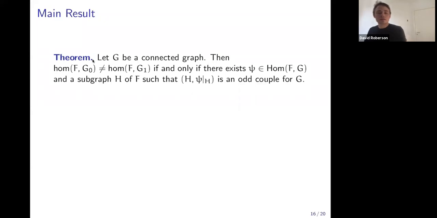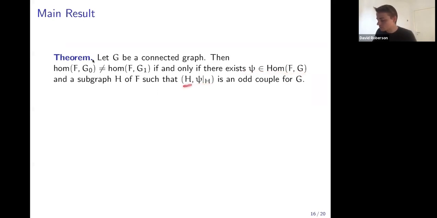So then the theorem that you get by analyzing this linear system is that if I take some connected graph G, then a graph F has a different number of homomorphisms to G0 and G1 if and only if there's some homomorphism psi from F to G and some subgraph H of F such that H and the restriction of psi to H is an odd couple for G. There might be other vertices and edges in F, and they still have to obey some rules, allowing psi to be a homomorphism, but they don't have an effect on whether this is an odd couple.